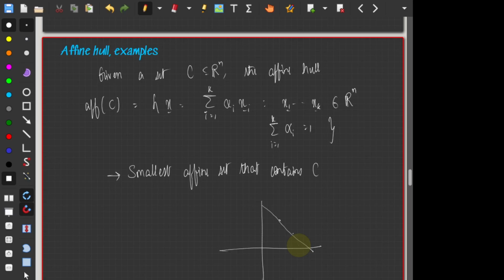So mind you, take any 2 points in the affine hull, the straight line joining those 2 points should lie in the affine hull.